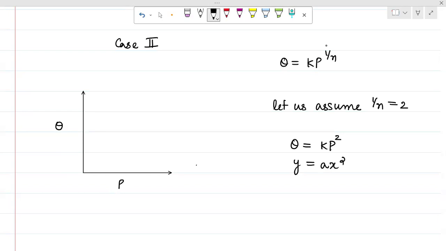And this takes the shape of a parabola, which is something like this. This is how it will look. So this is case 2, corresponding to a value of 1 by n being 2. Now, last case.